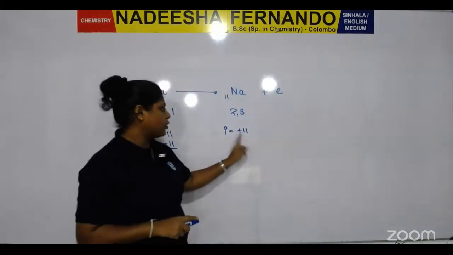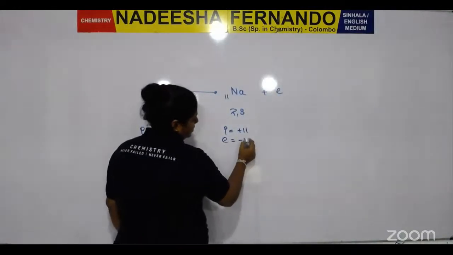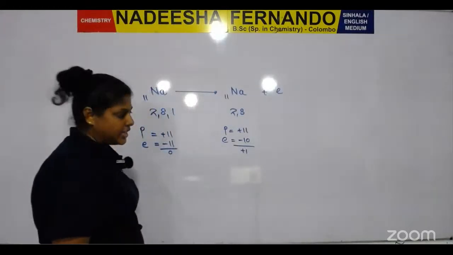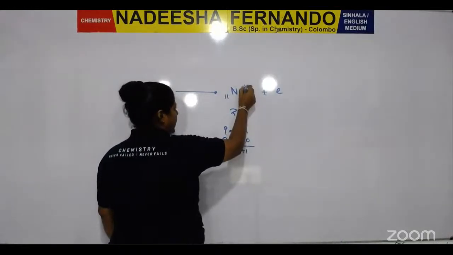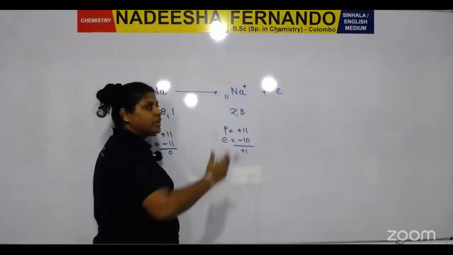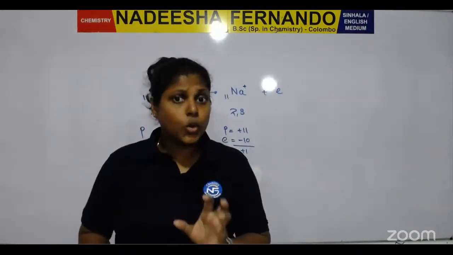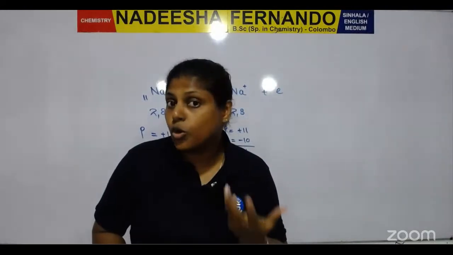So the number of protons is plus 11. Electrons are minus 10. So here the charge is plus 1. This plus 1, we can write here. The simple meaning of sodium plus is that sodium plus has 1 excess proton.